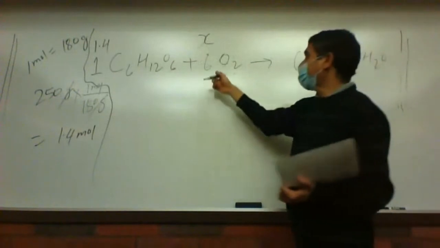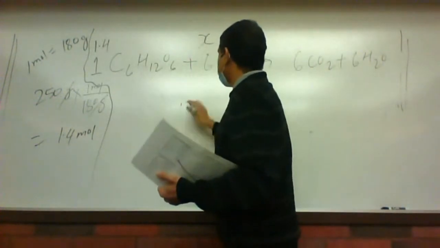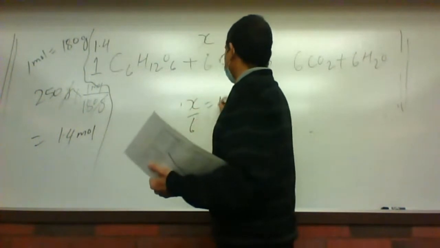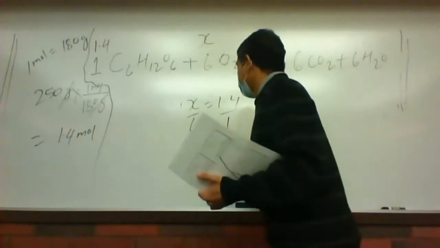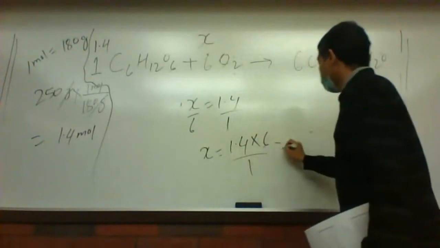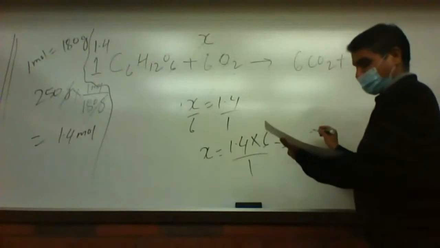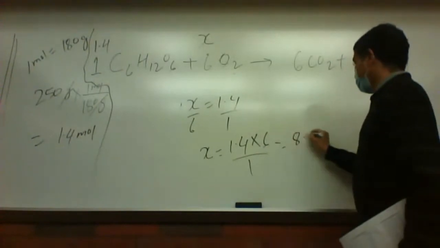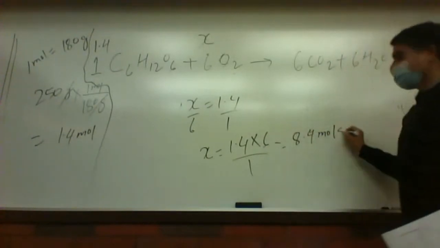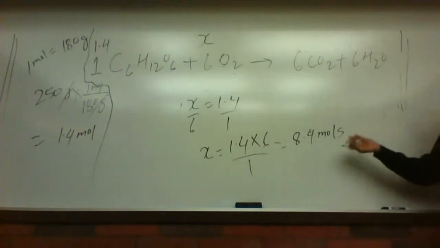We want to find this one. Now take that ratio. X by 6 is equal to 1.4 by 1. So X is equal to 1.4 multiplied by 6 divided by 1 moles. That comes to be 8.4 moles of oxygen. Any question?